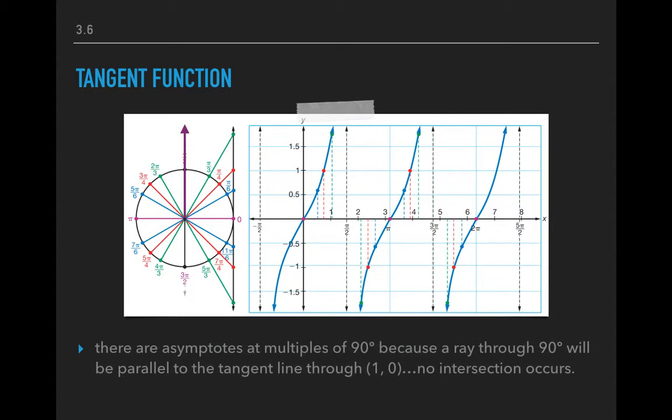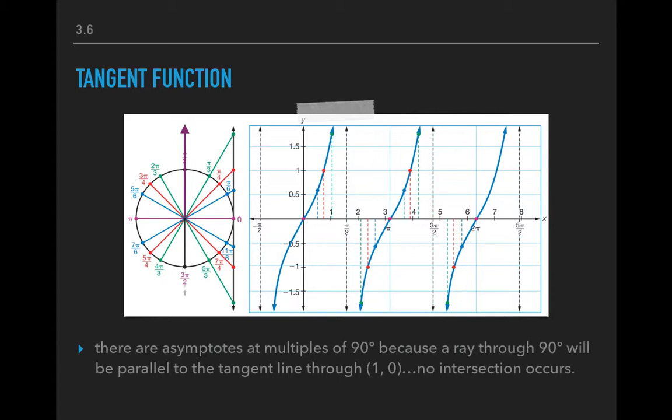Those places right there where those dashed lines are, they are asymptotes, and they happen at odd multiples of 90, because every time that you are either working with 90 or at 270, or however many times you rotate through that, you're always going to be working with a line that's parallel to the tangent, and it's never going to intersect.